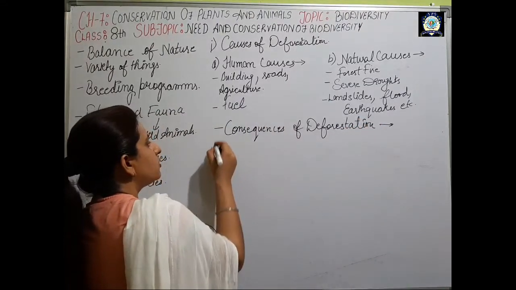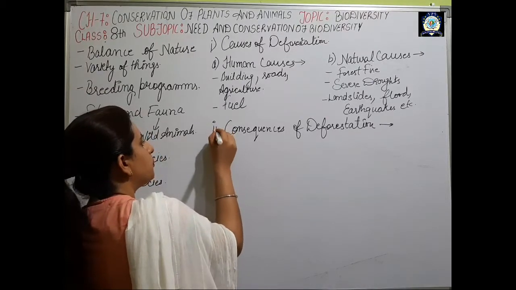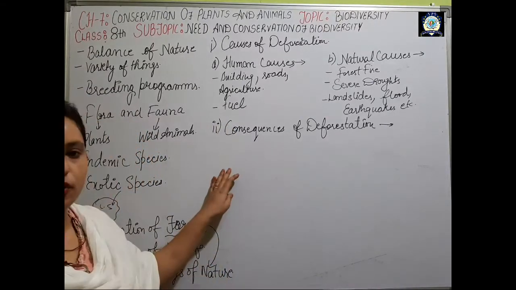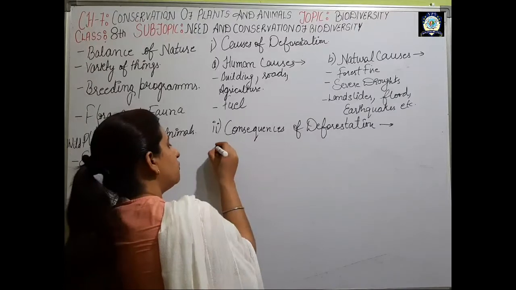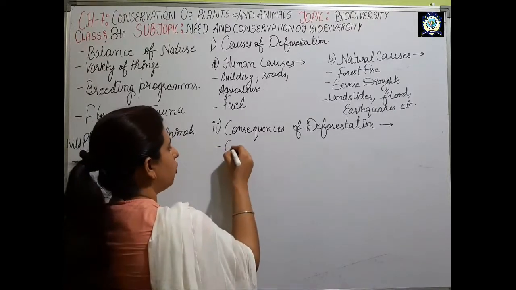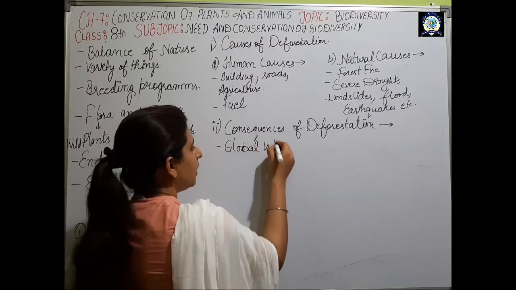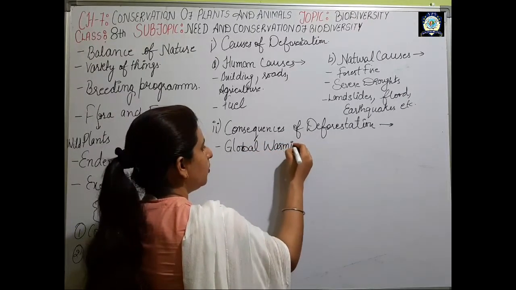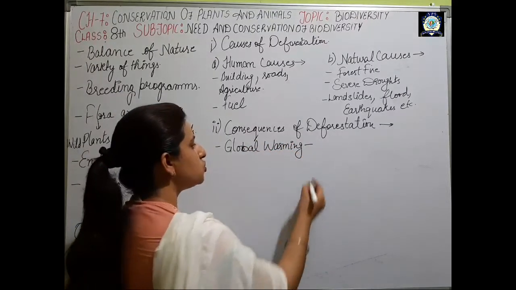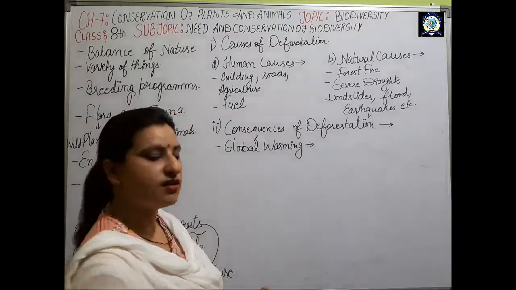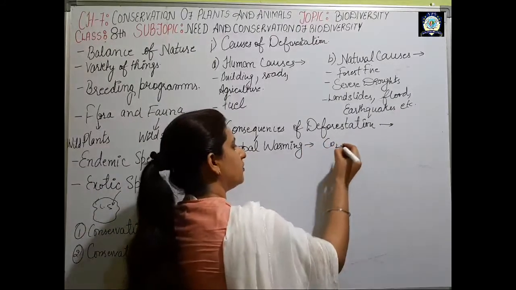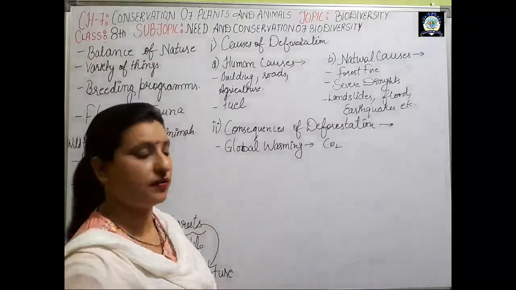If I go for the problems of deforestation, then first and foremost problem is global warming. Global warming is due to the increase in concentration of carbon dioxide, which also leads to the greenhouse effect.